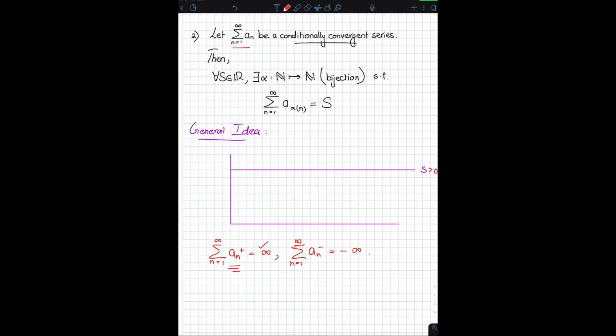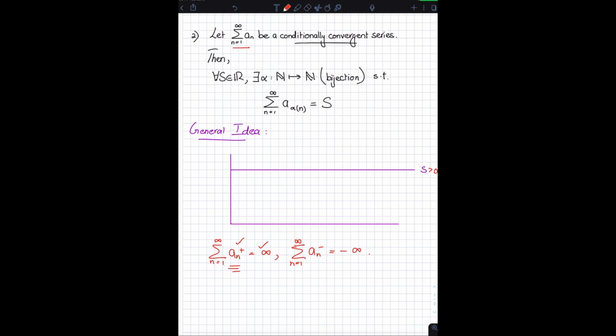Or well, I obtain something larger than s, to be more precise. It might not be the case that I get exactly s, but it's always going to be possible for me to obtain something greater than s, as I have enough terms to create infinity. So what I'm going to do is take the least number of terms from the sequence of positive numbers found in the sequence a of n, such that if I sum them up, I just exceed s.